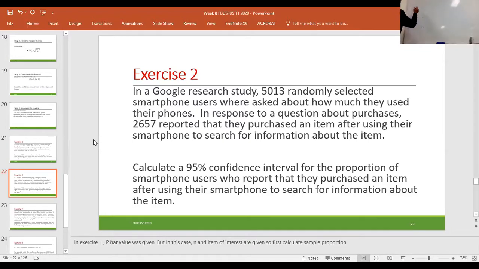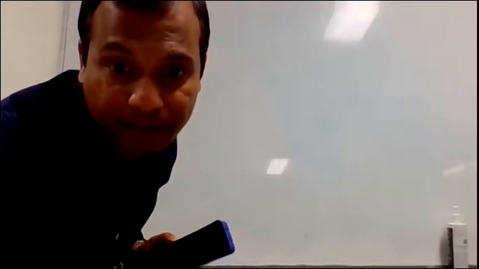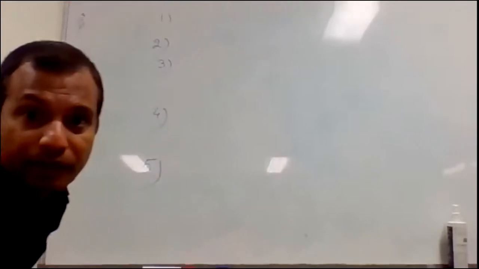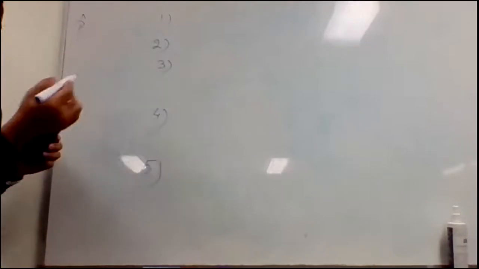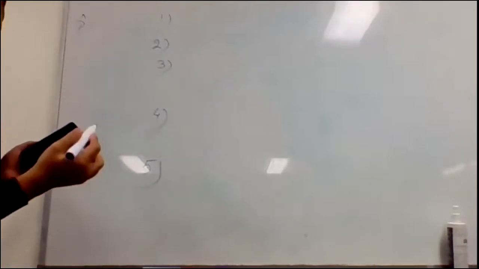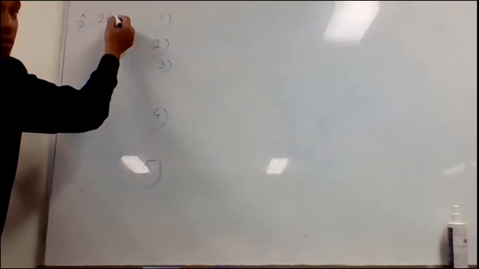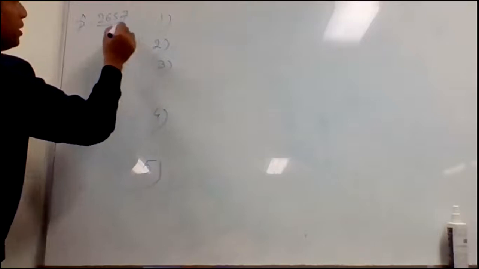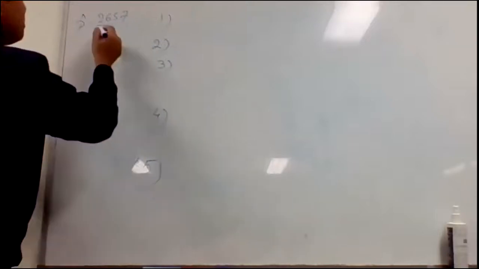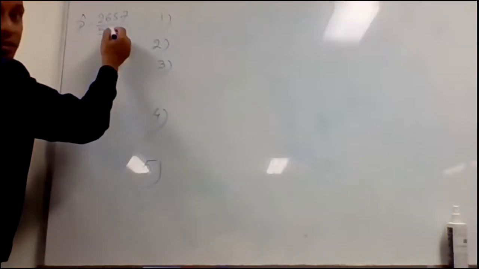So how to calculate the proportion p? I'm writing here in the corner, I'm sure you will be able to see that. Let me change into this one. Okay. The proportion p hat is the item of our interest, that is 2,657, divided by the total sample size, that is 5,013.